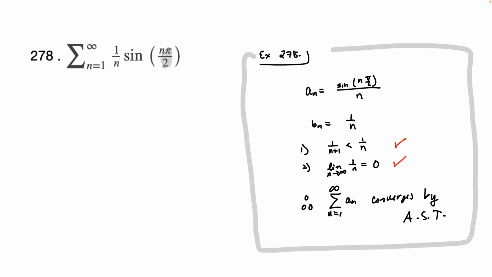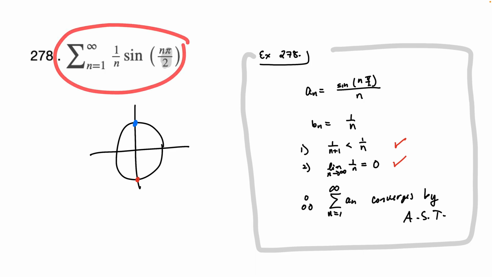At pi over 2, if we draw the unit circle, we know that sine is positive valued, +1, and at 3 pi over 2, sine is negative valued. At even copies, sine is 0, so they don't pop up. Thus, though it doesn't look like it, this is in fact an alternating series.